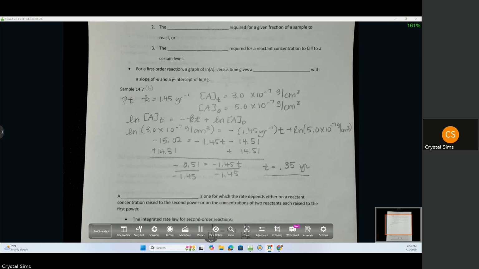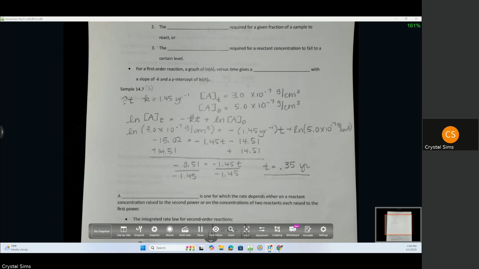Okay, so that is how we solve the second part of 14.7. Now, I want to draw your attention also to practice exercise 2. That's on that same page, page 588. In this one, they give us a decomposition reaction.